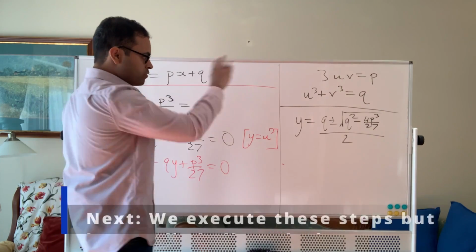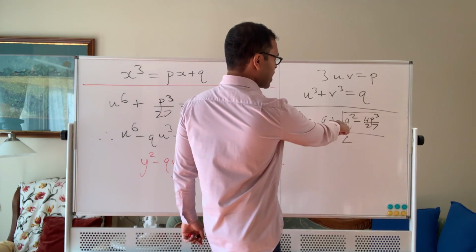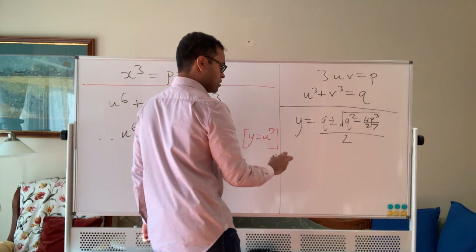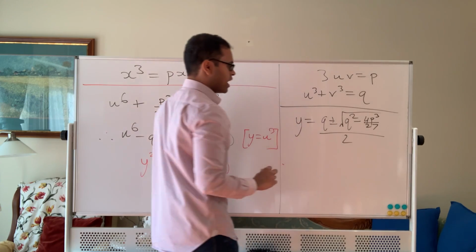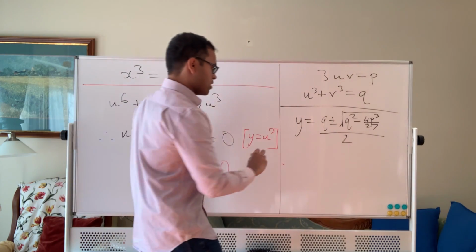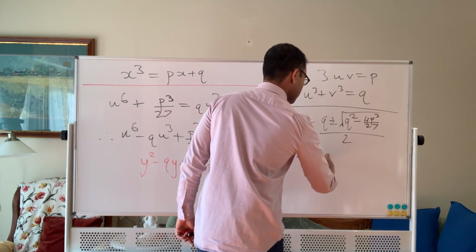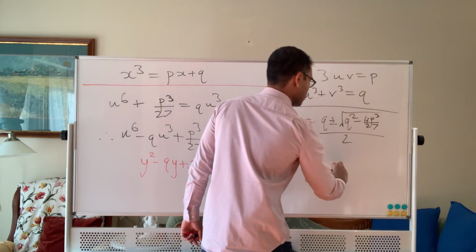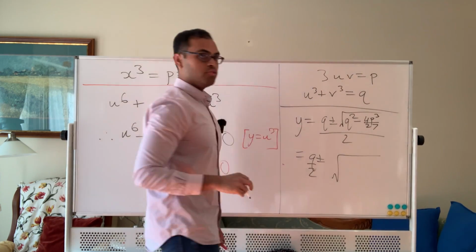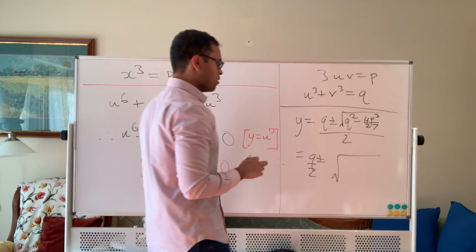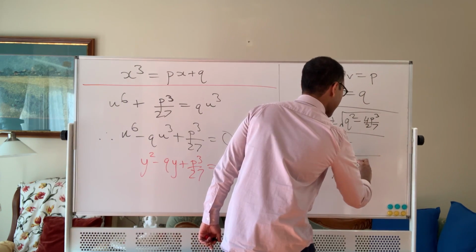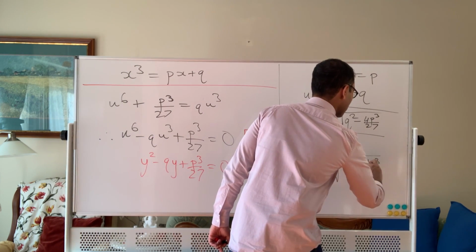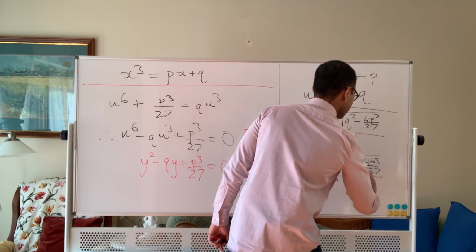Okay, so the first thing is I'm just going to factor out a 4 here, just to simplify it. So I'm going to write this as q over 2 plus or minus the root of, so if you divide by 2, you're dividing by the root of 4. So this is going to be q squared minus 4p cubed over 27, divided by 4.